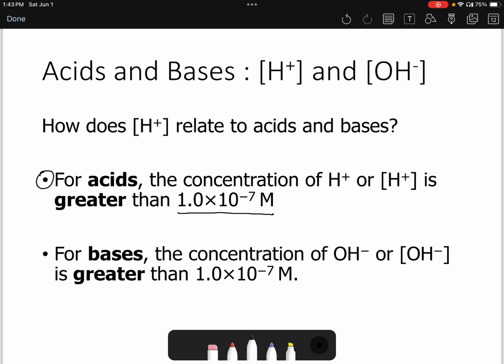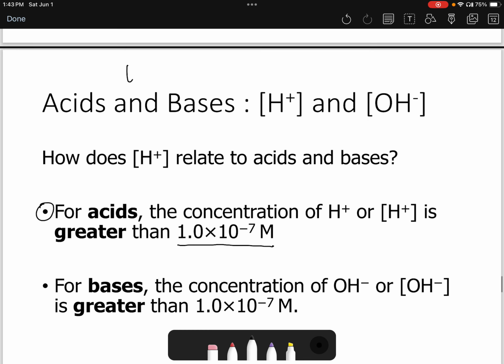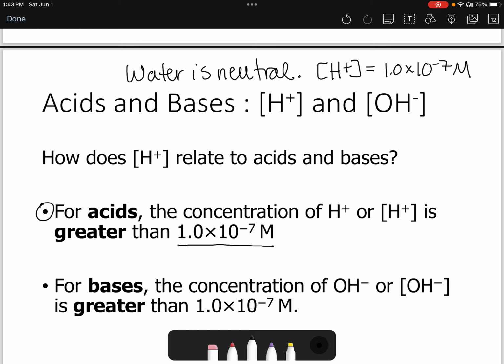So remember earlier we said that water is neutral. So I'll put that up here. Water is neutral. And it always has a concentration of hydrogen ions equal to 1 times 10 to the negative 7th moles per liter.